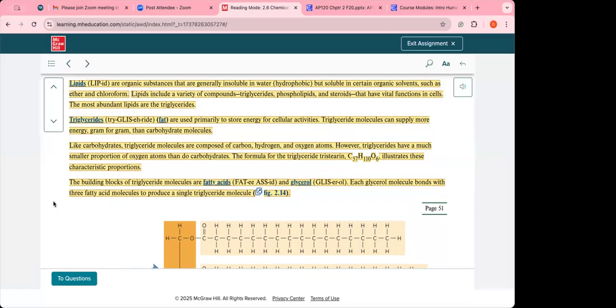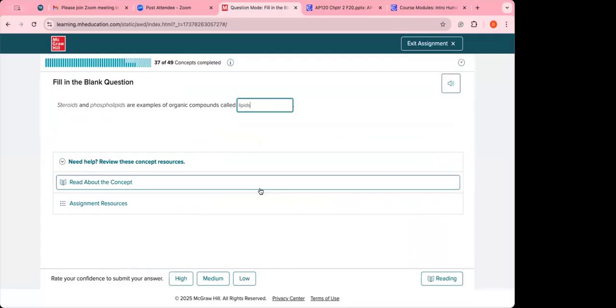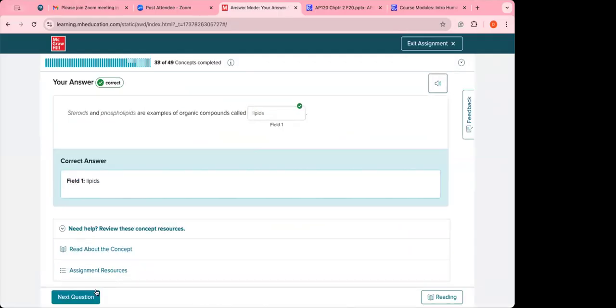The most abundant lipids are the triglycerides. So I think you would just write lipids.